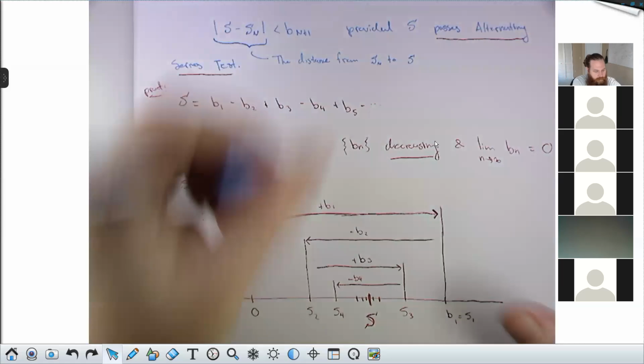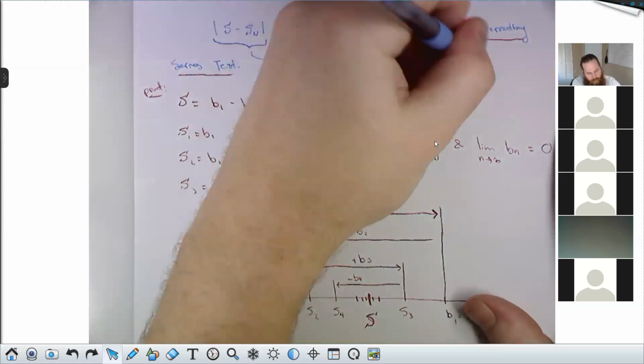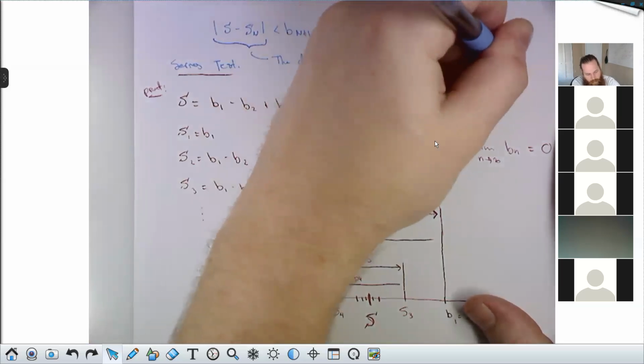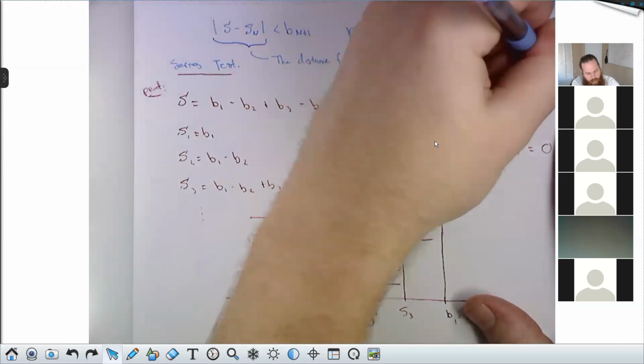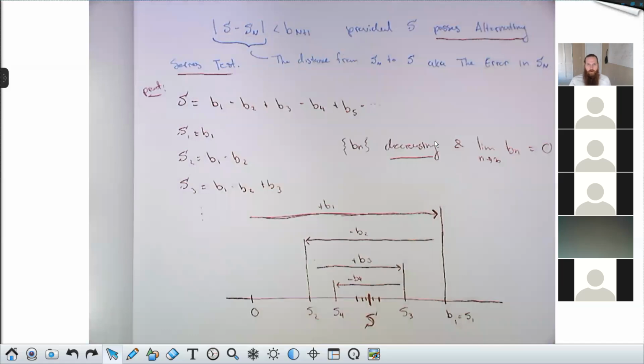Another word for this distance is the error in Sn. We're asking how far is Sn, the nth partial sum, from S, the value of the full series.